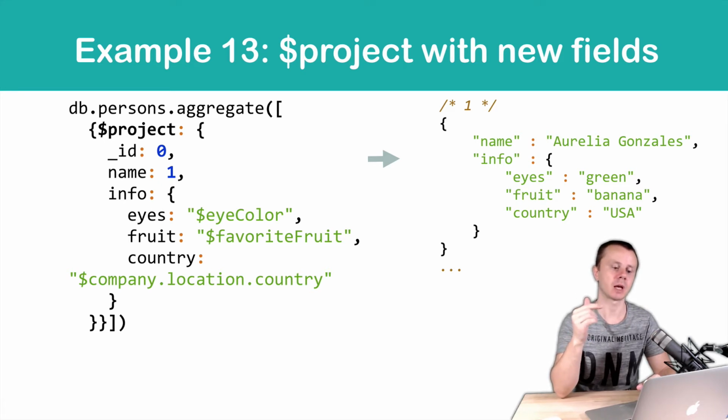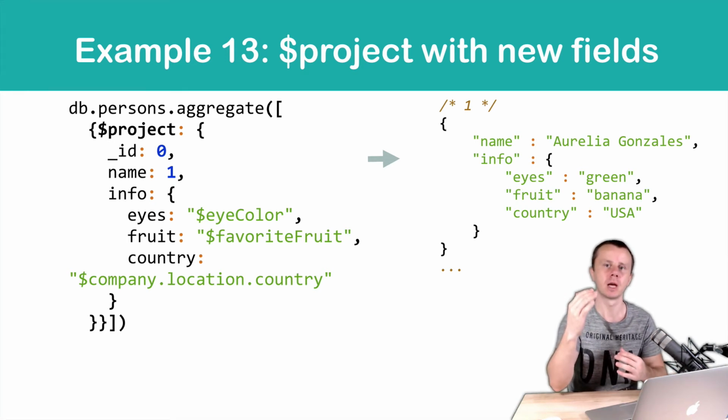So in this case, we just get documents with name and info. And in info, there are 3 fields: ice, fruit and country. This approach is usually used when input documents contain a lot of fields, a lot of nested documents and so on, and at the output, you need just several fields structured in a readable way.